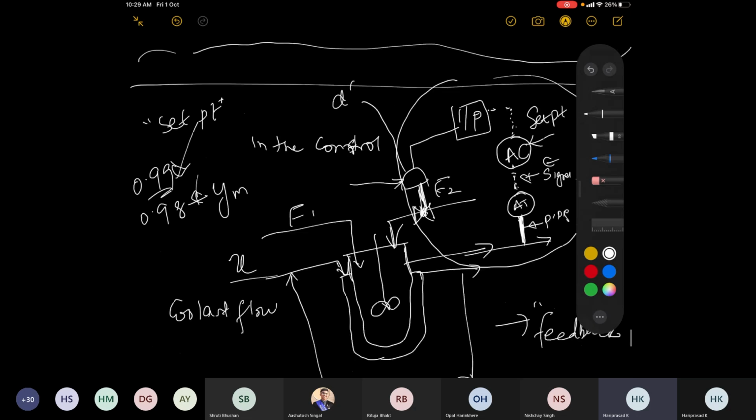So I would use three words: control valve, final control element, or actuator, because that is the mechanical component in the loop. This is the only mechanical component that would act. The sensor can be mechanical to some extent, but that's just sensors.